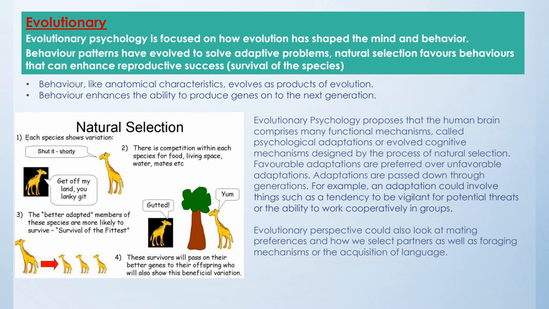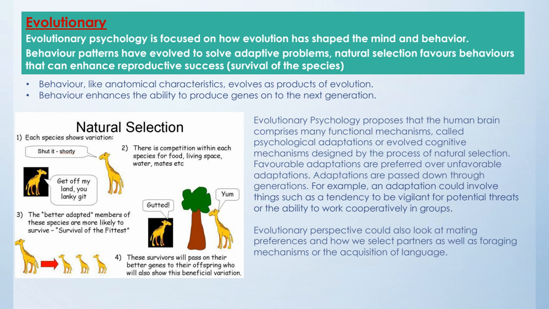And the final perspective that's also included is the evolutionary perspective. That's based on how evolution has shaped our mind and our behavior. So if you look at the behaviors that we exhibit from an evolutionary perspective, those behavior patterns evolved to solve adaptive problems, because evolution is favoring natural selection.